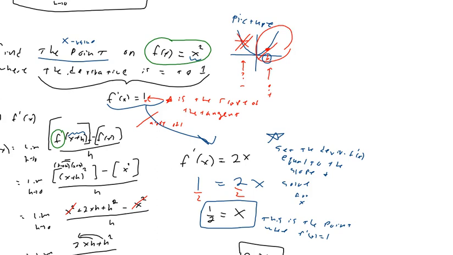You're solving, right? You're solving what x value of the graph has the tangent slope of this particular amount of 1. So this x value right here is going to be 1/2. Okay?